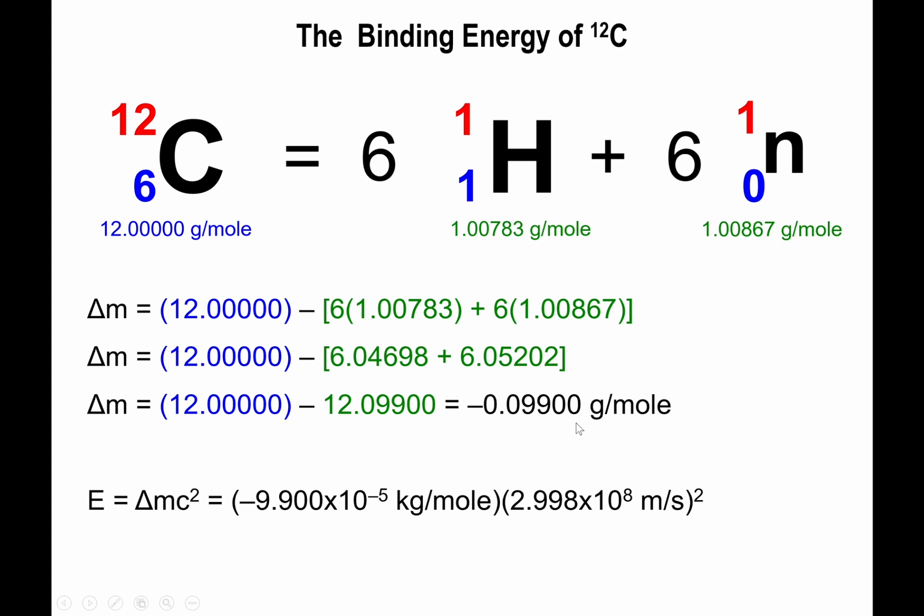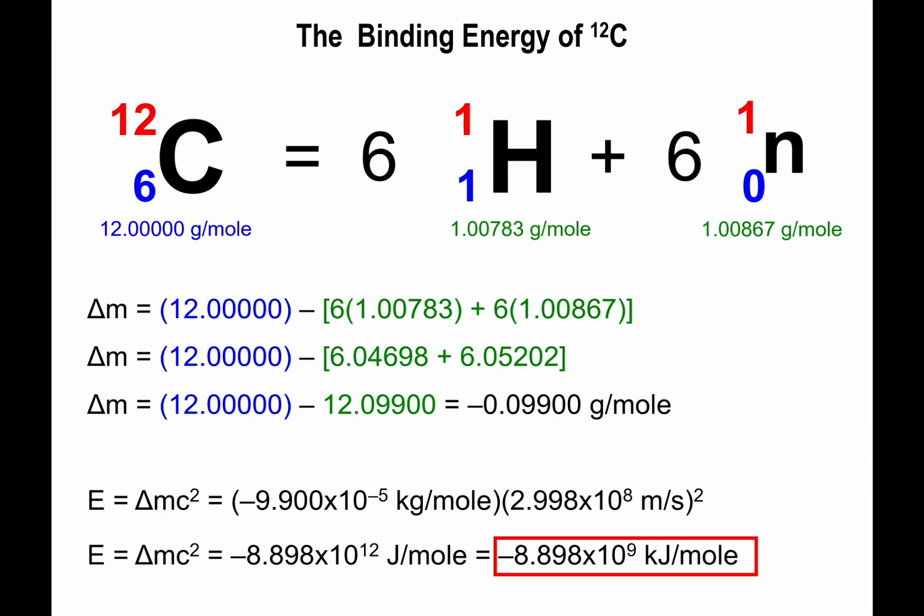Change that to kilograms per mole, so divide by 1,000, and multiply by the speed of light squared, in other words applying E equals mc squared. That tells us you will produce 8.89, technically 8.90 trillion joules per mole of energy by simply taking the 6 protons and 6 neutrons and jamming them together into one nucleus. And this is what we call the binding energy.